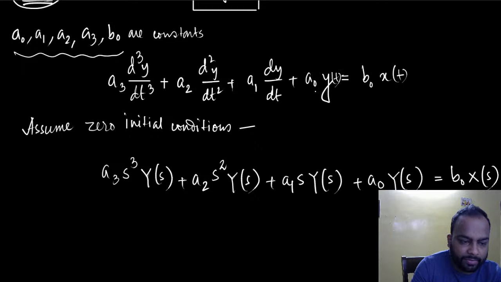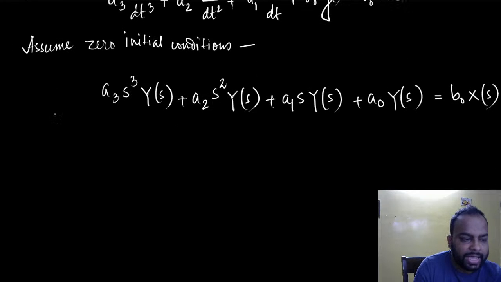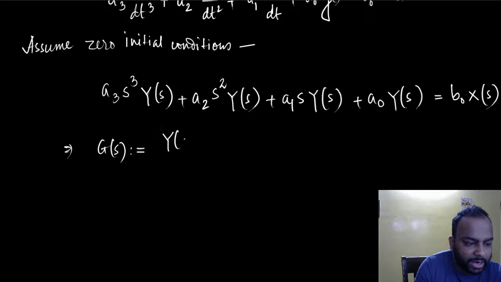These are y(t), these are all functions of time. So I'm assuming that the Laplace transform of x(t) is X(s) and y(t) is Y(s), and if you combine them, you will get the transfer function, which is defined as the ratio of the Laplace transform of the output to that of the input under zero initial conditions, which we already assumed.